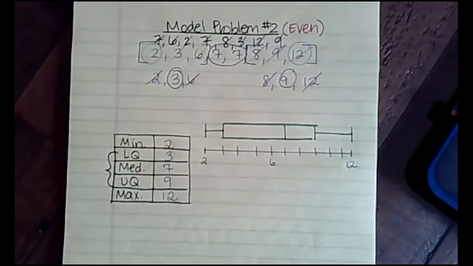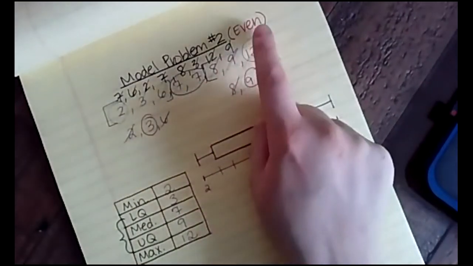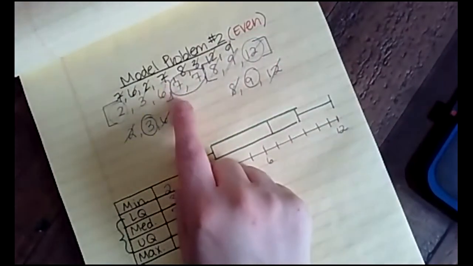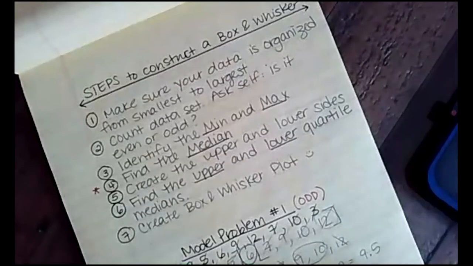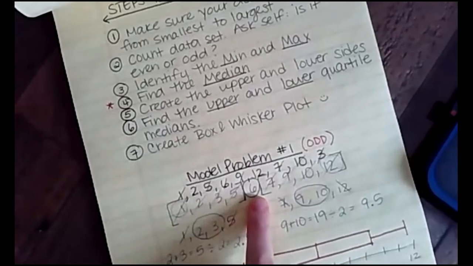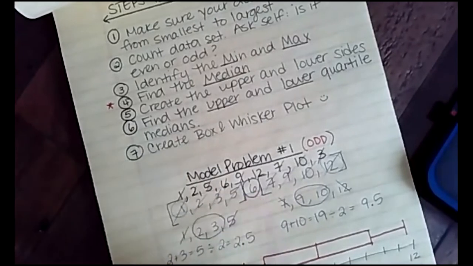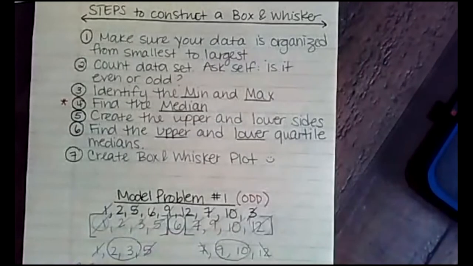So in an even data set and an odd data set, the difference is what happens when you find the median. In an even data set, you're gonna have 2 numbers that you have to find the average of. In an odd data set, it is just 1 number. So please be careful with that, all right?